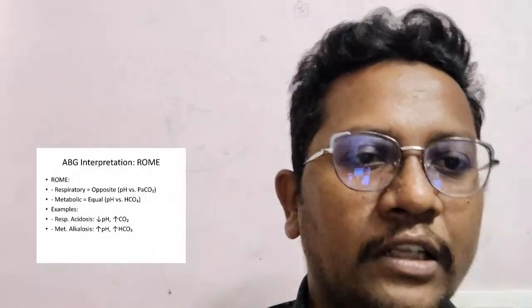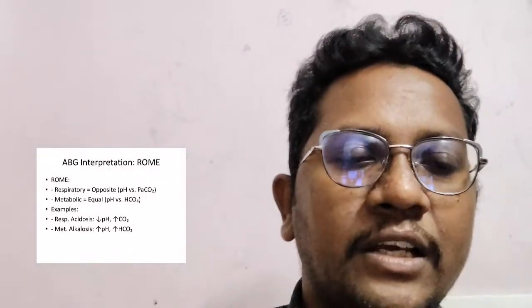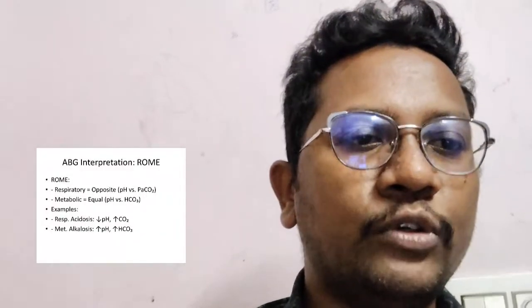metabolic, opposite and equal. In respiratory, the pH and CO2 move in the opposite direction. In metabolic, the pH and CO2 move in the same direction. For example, low pH and high CO2 is called respiratory acidosis.